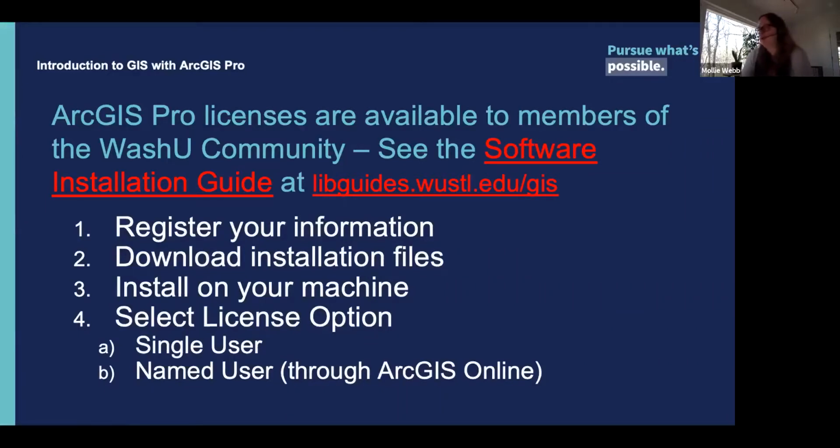That will provide you a link to download the installation files, which you just essentially run on your machine to install. And then you will be prompted to select your licensing option, and most of our WashU users go through the named user licensing scheme, which essentially is through your ArcGIS Online account. So if you don't have an ArcGIS Online account, the software installation guide will walk you through the steps of obtaining one of those, so then you can license your software.